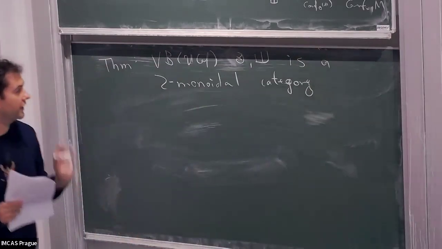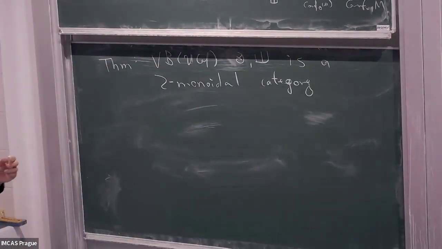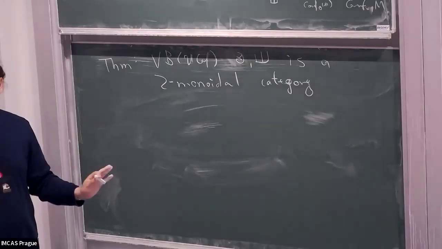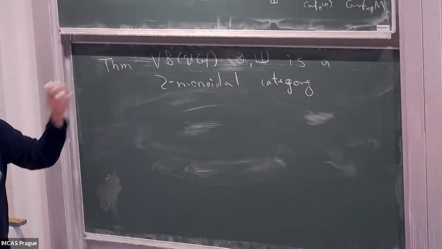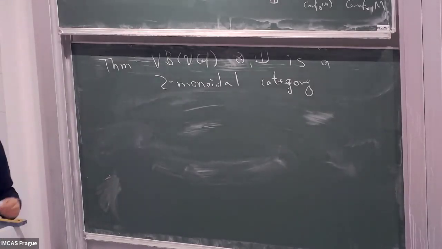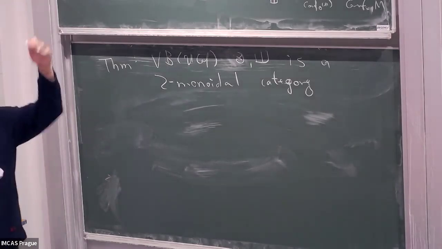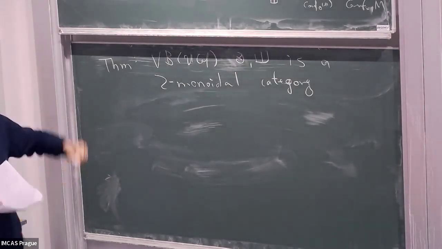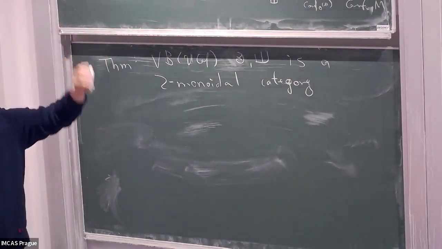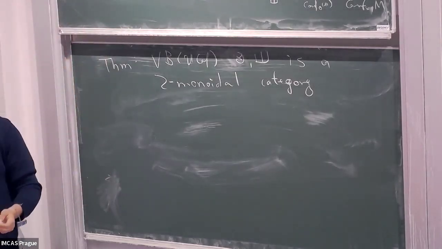I will not write down the full definition of two monoidal category. It can be seen as a monoid in the two category of monoidal categories or something like that. So there is a short abstract nonsense version to define it, in which one does not really see anything. And if you unfold the definitions, it's 3 pages of diagrams: one is a monoidal structure, the other is a monoidal structure, and all the coherences which you can put together in reasonable diagrams fit together.